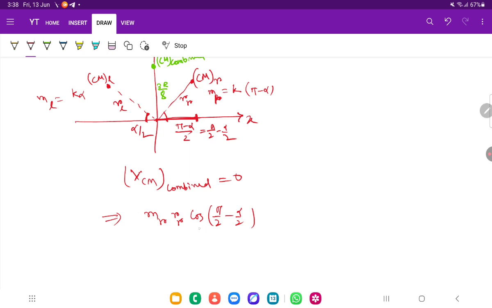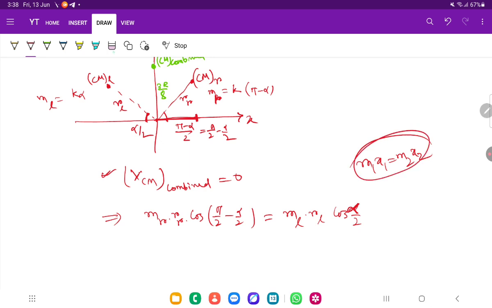So this will be R of R into cos of pi by 2 minus alpha by 2. Similarly, this will be equal to mass of left ML times RL cos of alpha by 2. Obviously the x coordinate is 0 for the combined system, so we'll just write m1 x1 equals m2 x2 for two particle systems, right? Where x1 and x2 are the distances from center of mass to those particles.